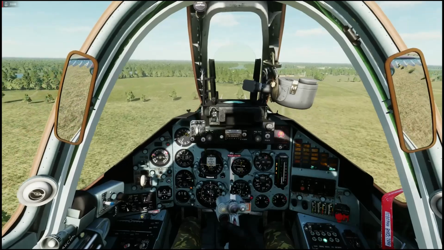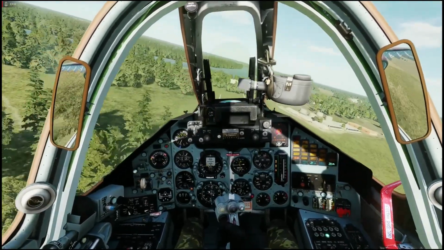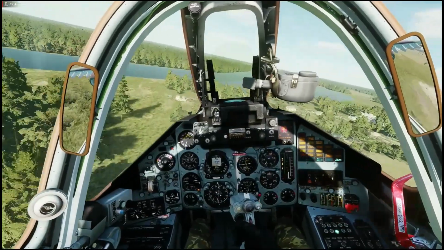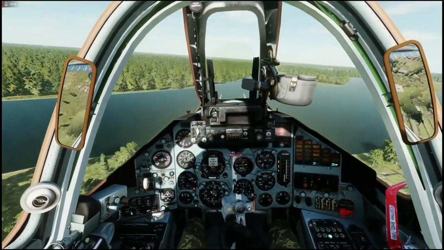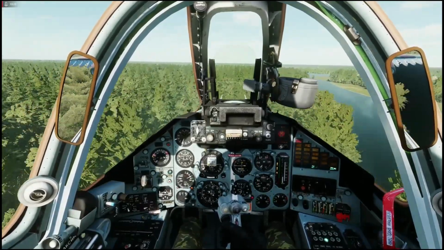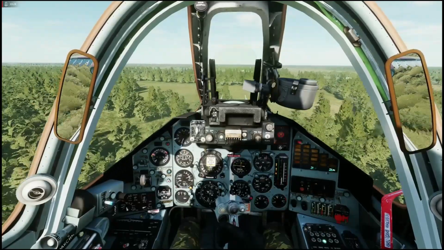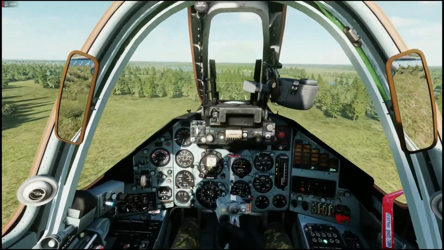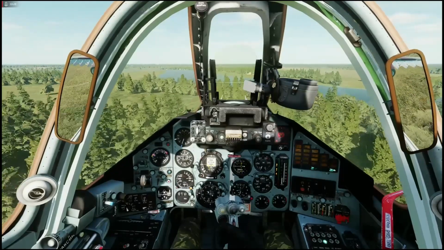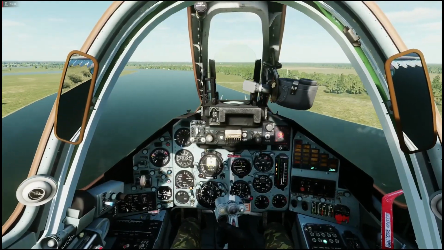Waiting until the course deviation needle and the bearing needle intercept. A little more to the left. Keep flying like this. Don't crash into the trees. Speed is good. The needles are slowly coming together.